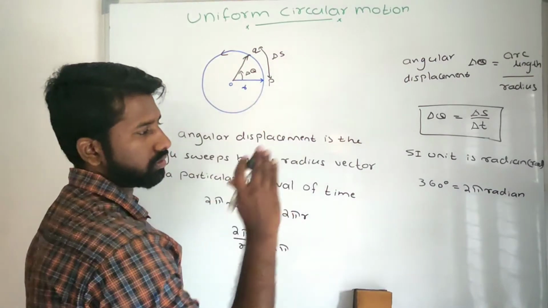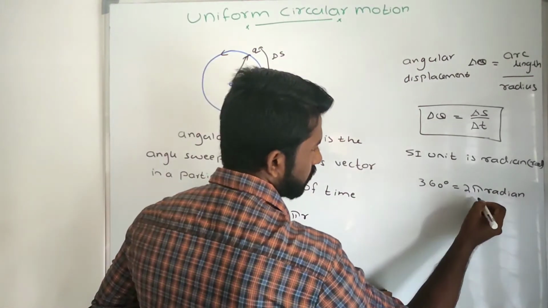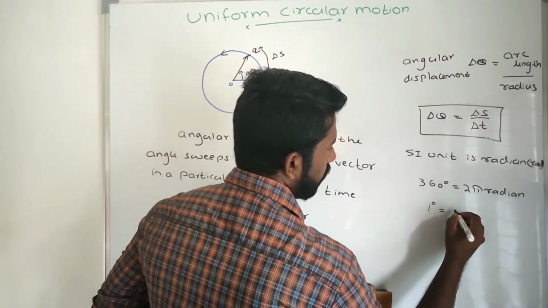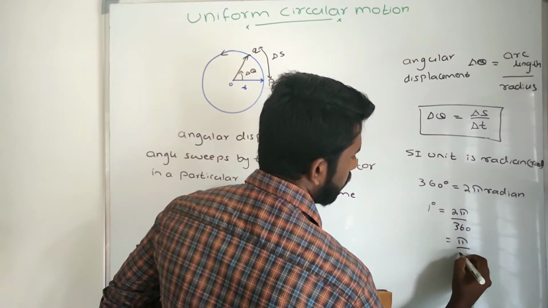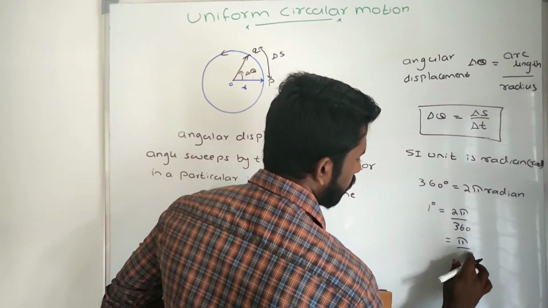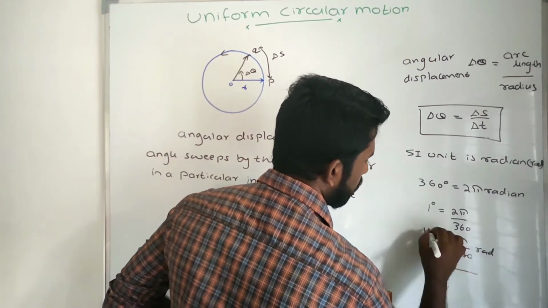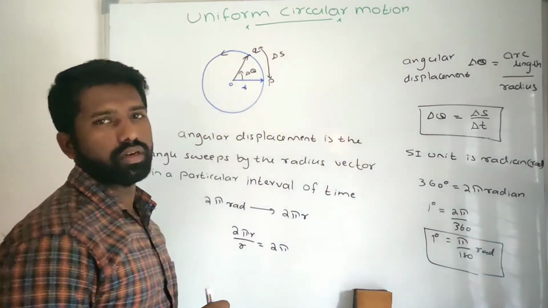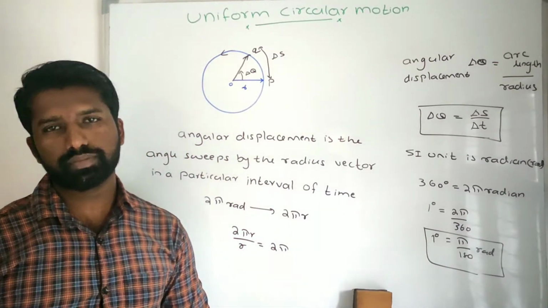This is a concept we can use to find the conversion. If 360 degrees is 2 pi, 1 degree is equal to 2 pi divided by 360, that is pi by 180. So 1 degree is equal to pi by 180 radian. This is the method we can adopt for the conversion.